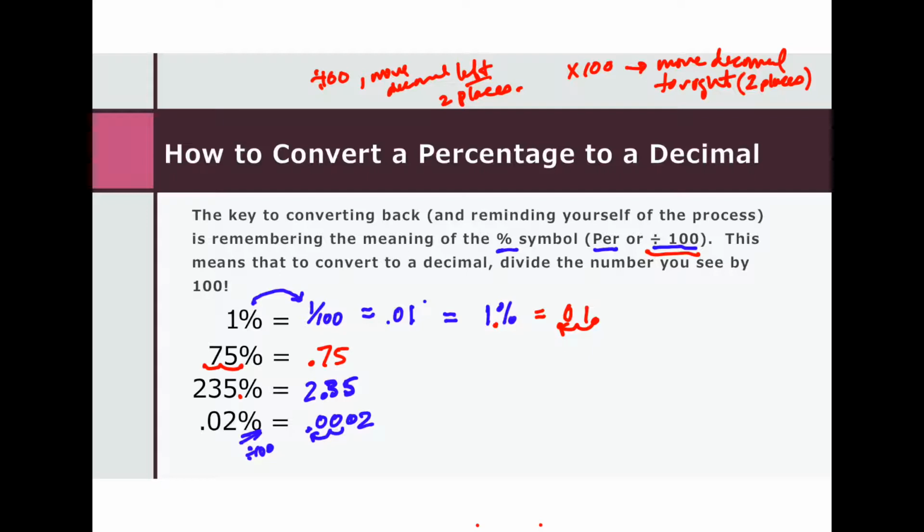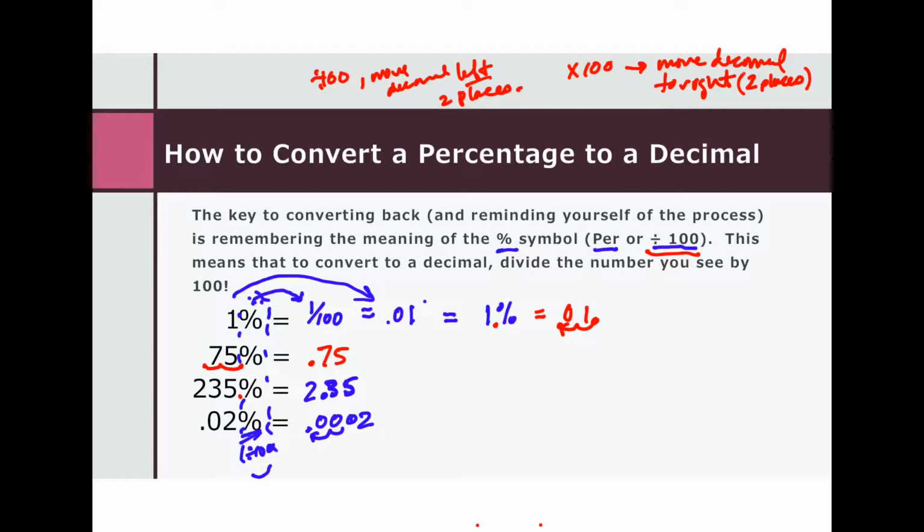These can be tricky, so you always want to remember this symbol means percent. Per 100, divided by 100. So if I want to get rid of this so I can express it as just a number without the symbol, I need to actually carry out that division by 100.